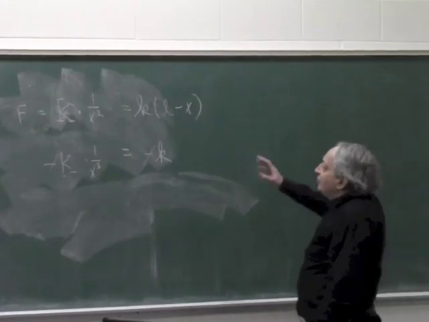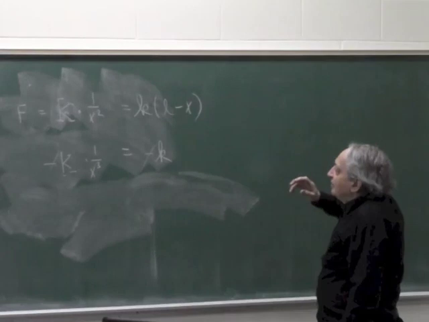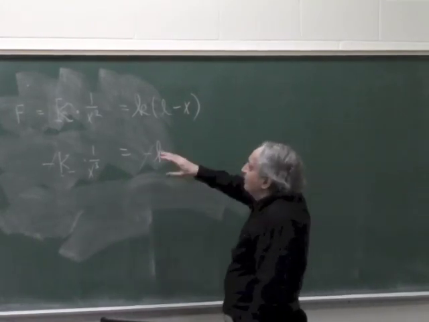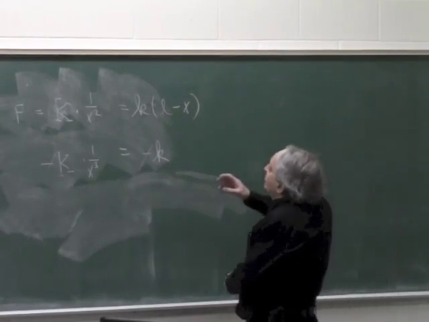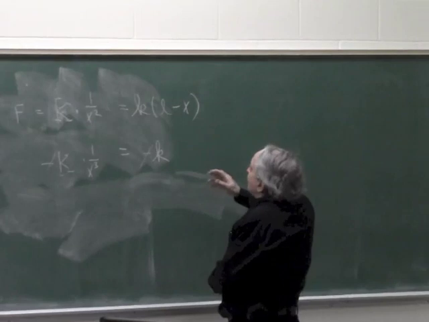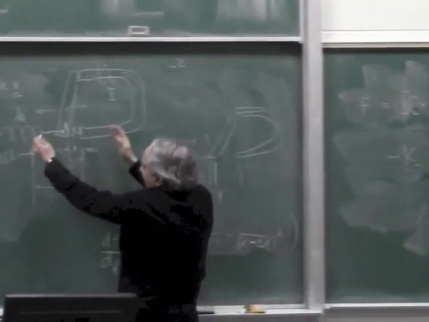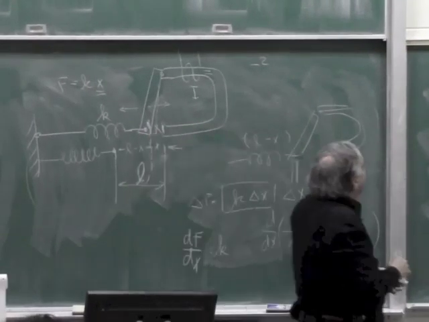And now we have two equations, and from these equations we can figure out the answer. There are two unknowns here. If you look at the equations, we want to find out a ratio. At what ratio between L and x will it snap?